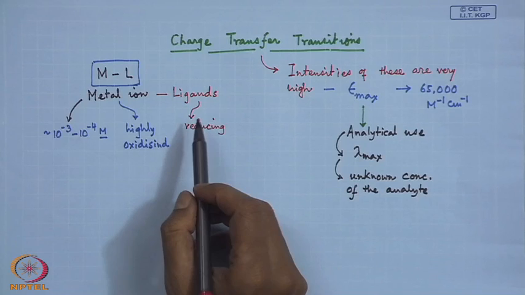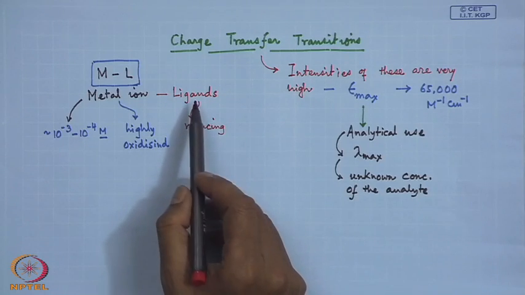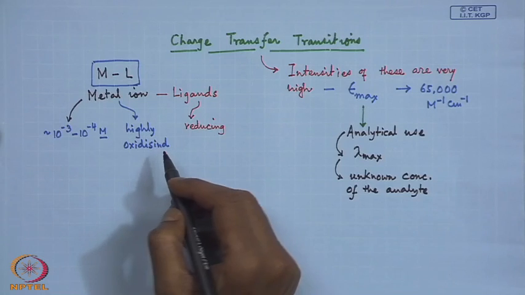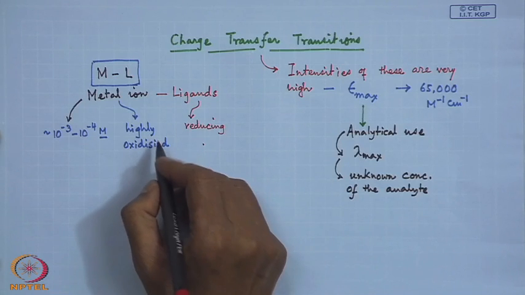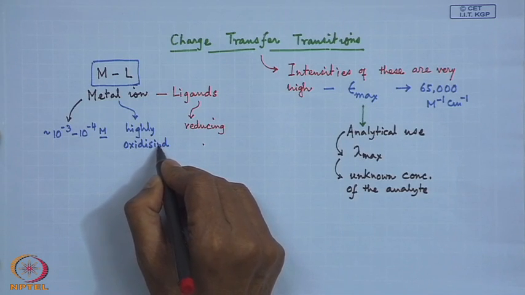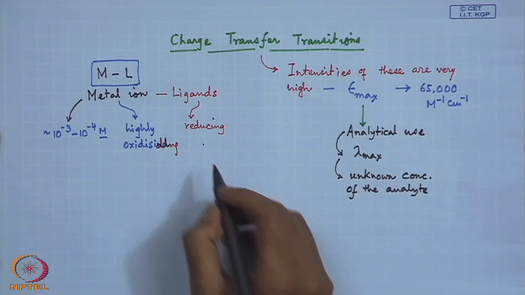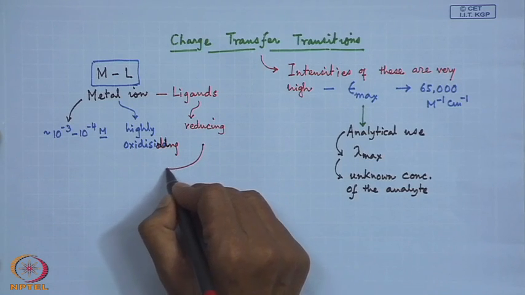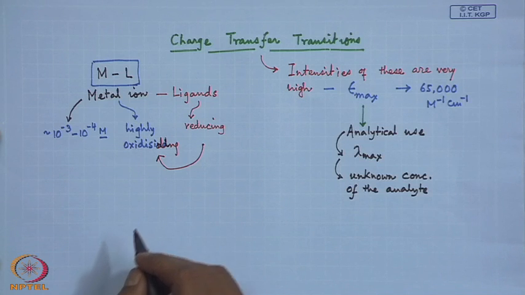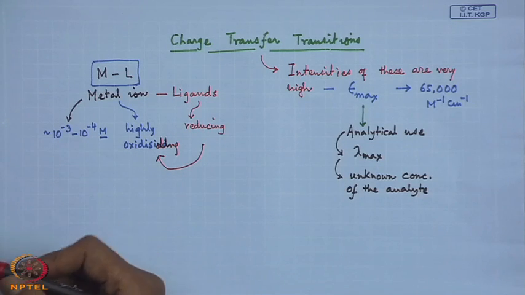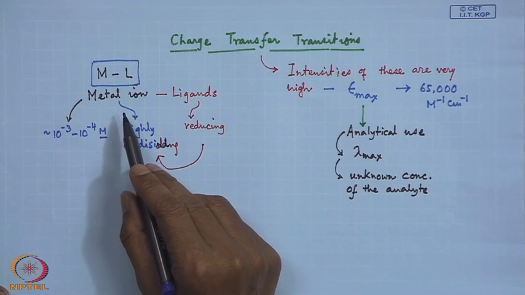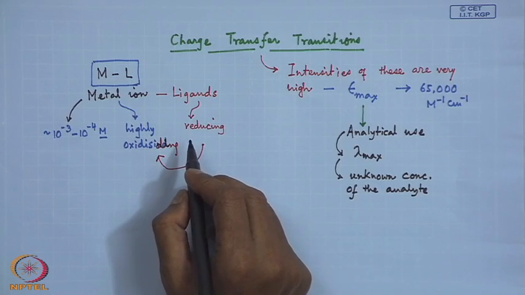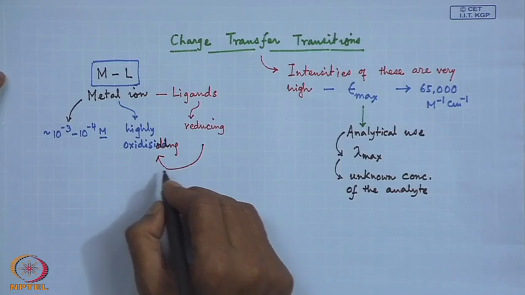That means the electron density is pushed from the ligand to the metal ion. So, in this particular case, the transfer of charge can take place from the ligand side to the metal side. In this direction only, ligand to metal charge transfer can take place, and we will categorize it as one particular type of charge transfer.